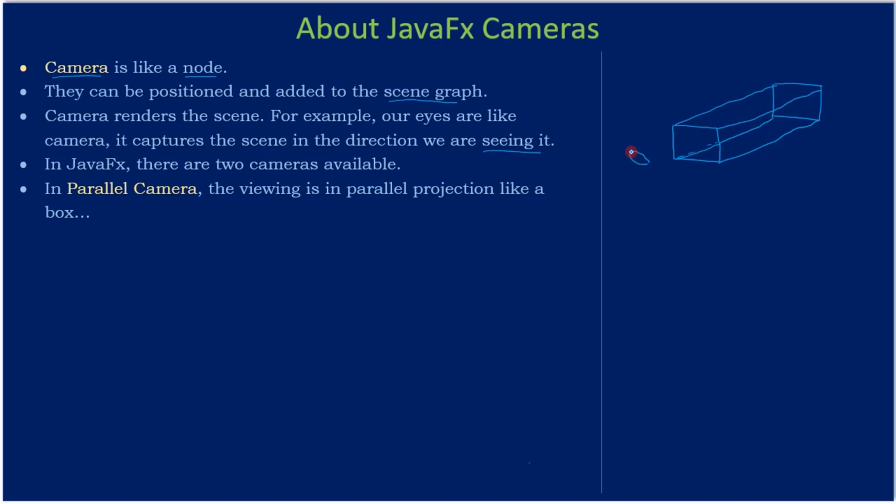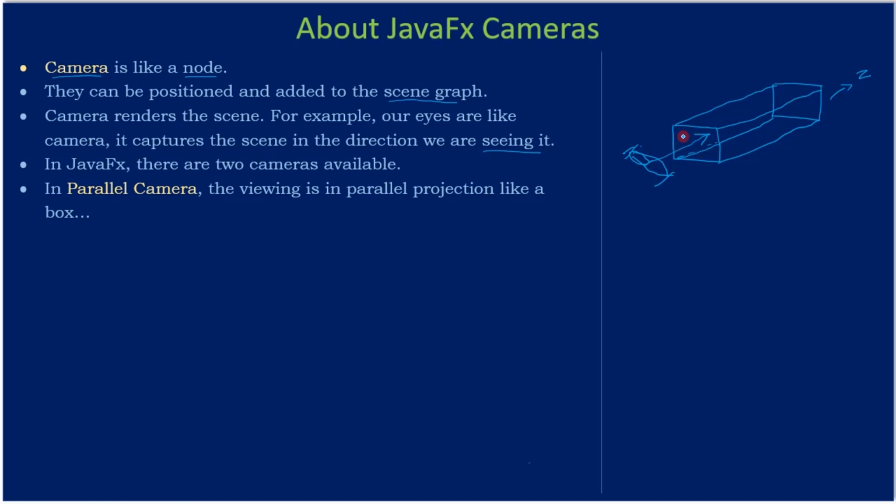Let's assume like that, and this is the camera. So if you see the projection is in a parallel angle, so it will be like a box. So the size, whatever you see here, the same that you will see here. Let's state that this is the Z direction and you are viewing the 3D object in Z direction.